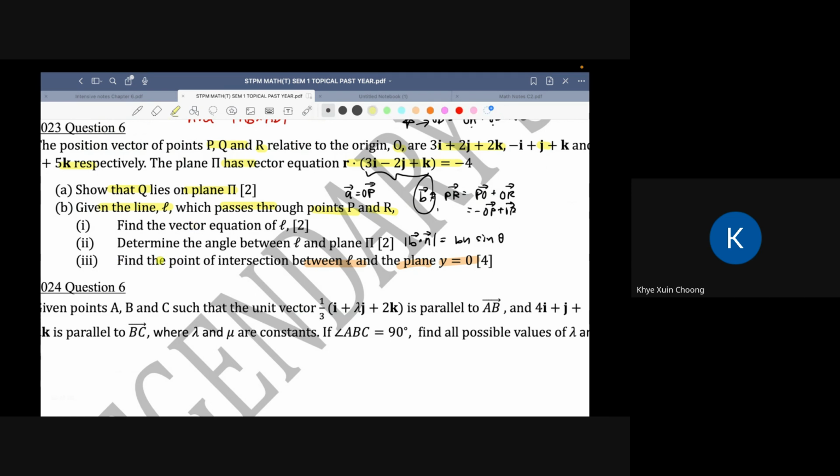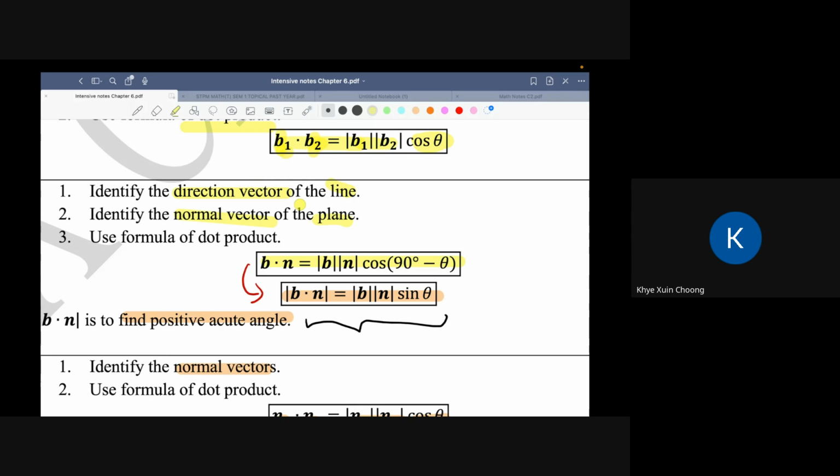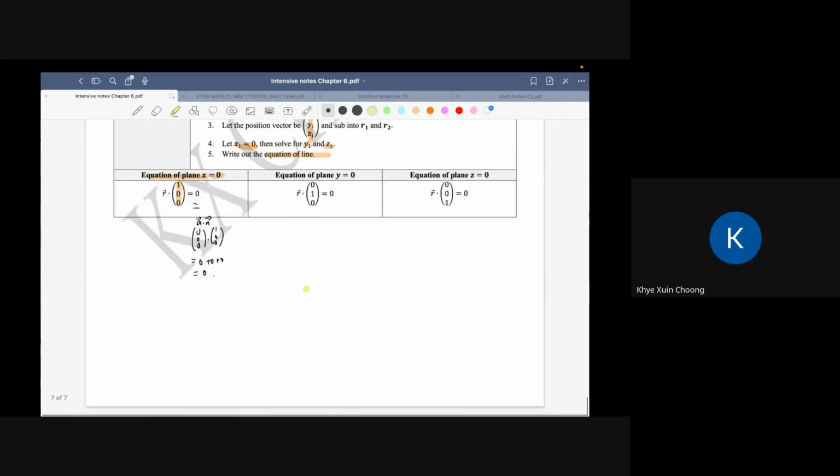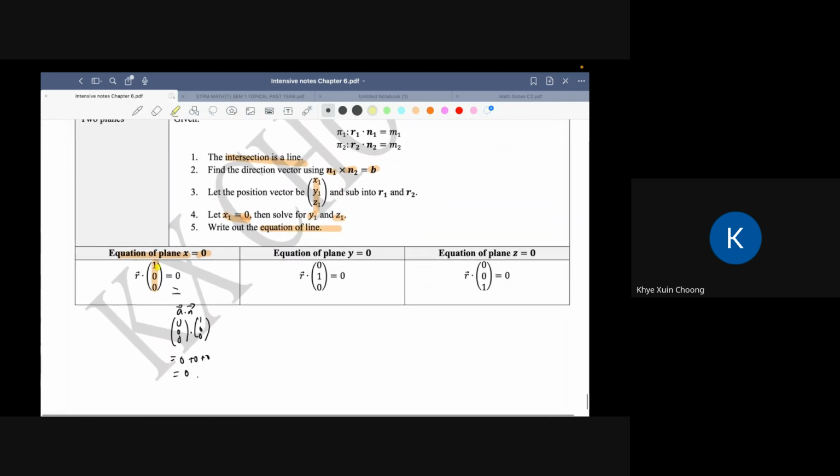Okay, for question 3, find the point of intersection between the line and the plane y equals 0. This is the difficult part because it wants you to relate to another new plane. It's not the plane above, it's another plane, y equals 0. During that year, they did not manage to figure out what this y equals 0 is. So now I have already given you, just in case you couldn't get it, you should memorize these three planes.